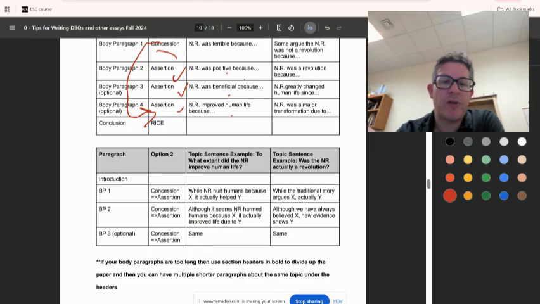Another format you can do, which works well in some types of essays, not always, is having a little bit of a concession at the start of each paragraph and then assertions that come after it.